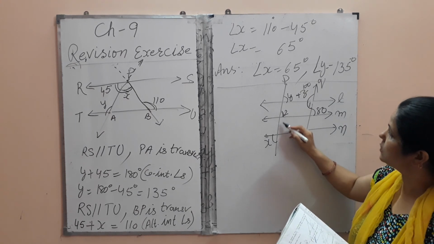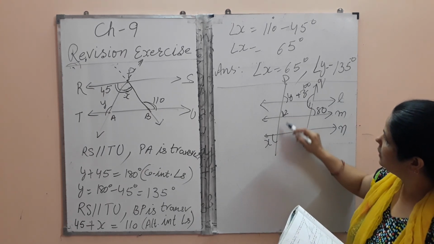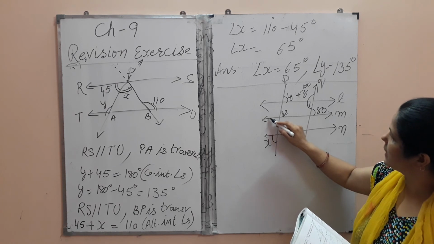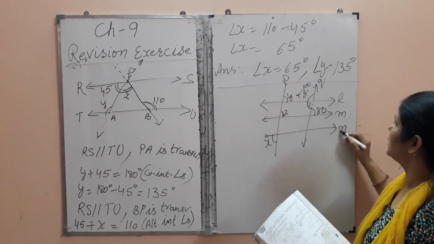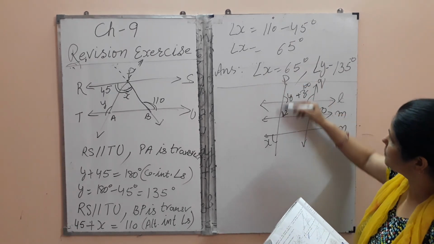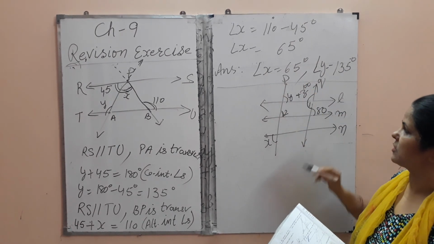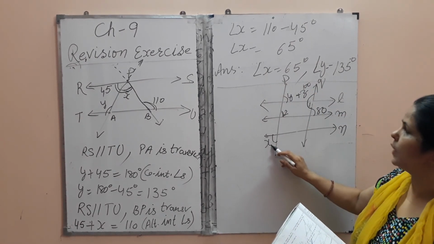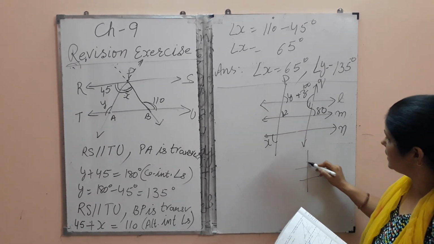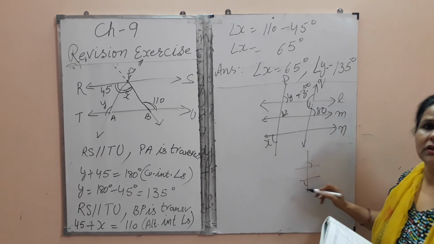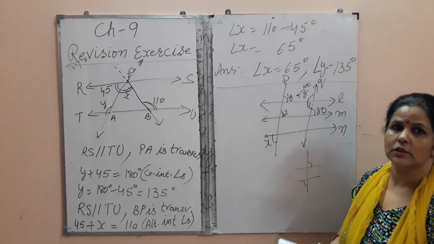Now we will find out this line equals to this line. M parallel to N and P is the transversal. So angle 2 is equal to angle X. If these two lines are parallel, this is equal to this, alternate exterior angles. Understood?